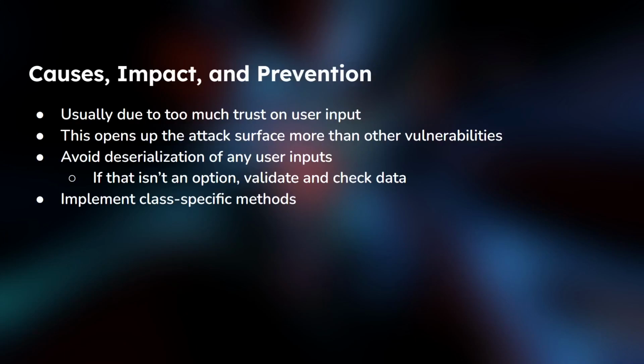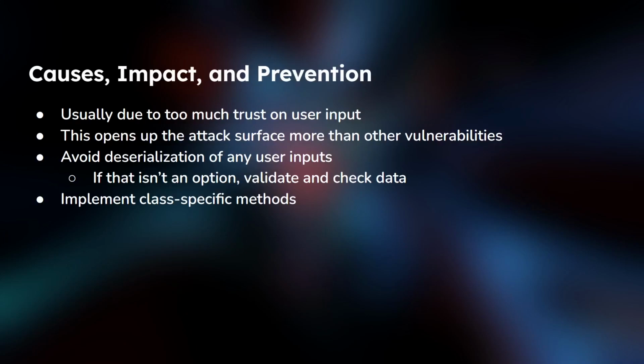And if you're trying to prevent this, really avoid deserialization of any kind of user inputs. And if for some reason that's not an option, make sure you're validating that data based off of some kind of expected result. If you know that there's only supposed to be one object in the response, do a length check.